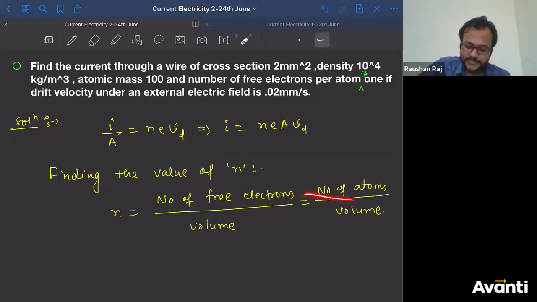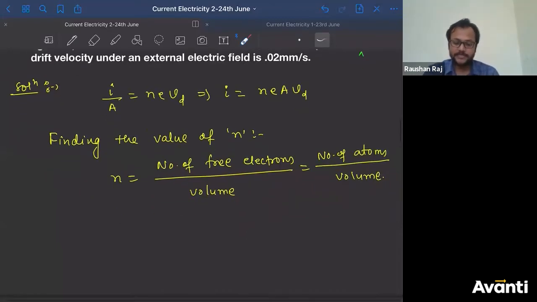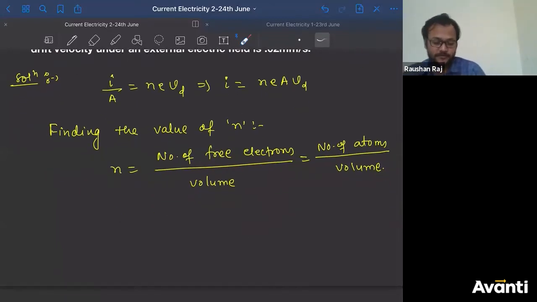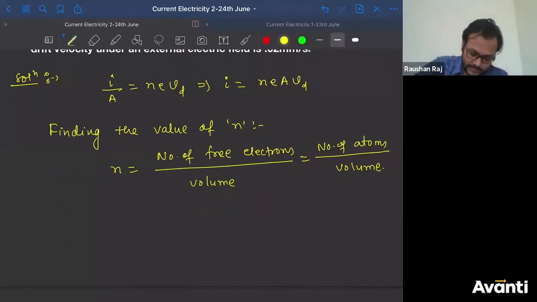In this case only we can say number of free electron is equal to number of atom, because in one atom one free electron is there. Acha, how do we get the value of number of atoms? Can I write this as, if number of mole is x, then x into Avogadro number will be the number of atoms present, divided by volume, let's say v.